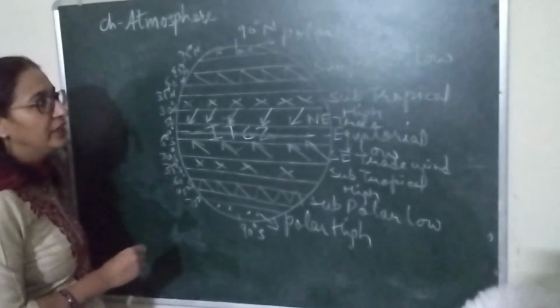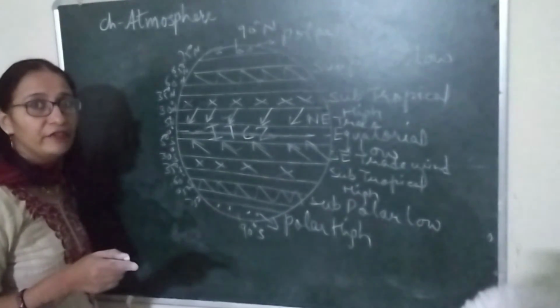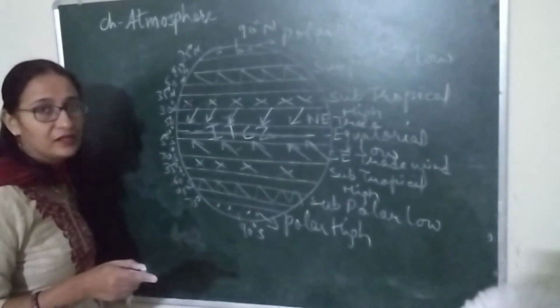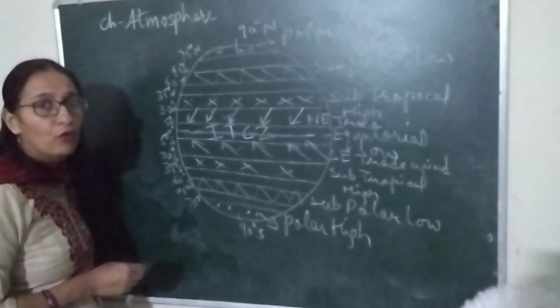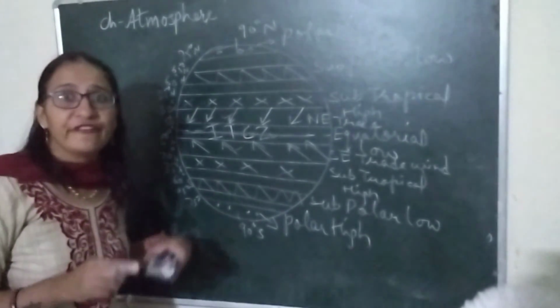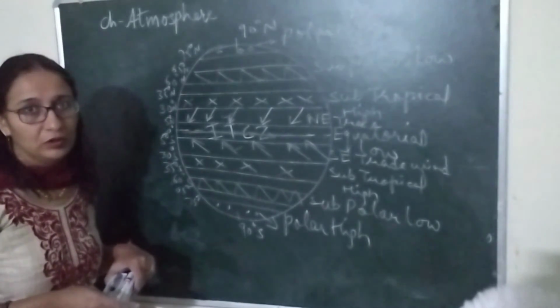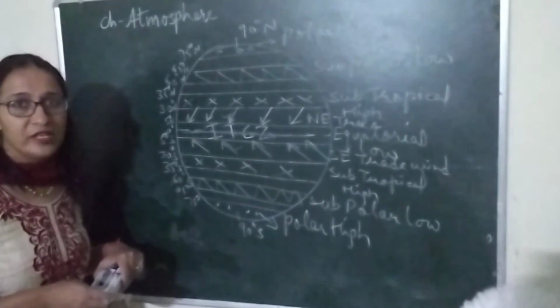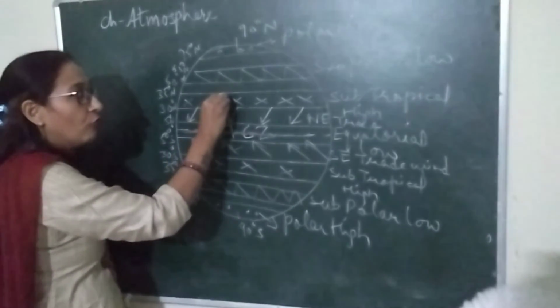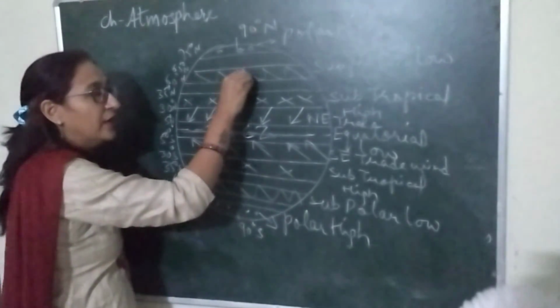Next, the next permanent wind is westerlies. Westerly winds blow from 35 degree to 65 degree north and south, and these winds blow from warmer areas to cooler areas.